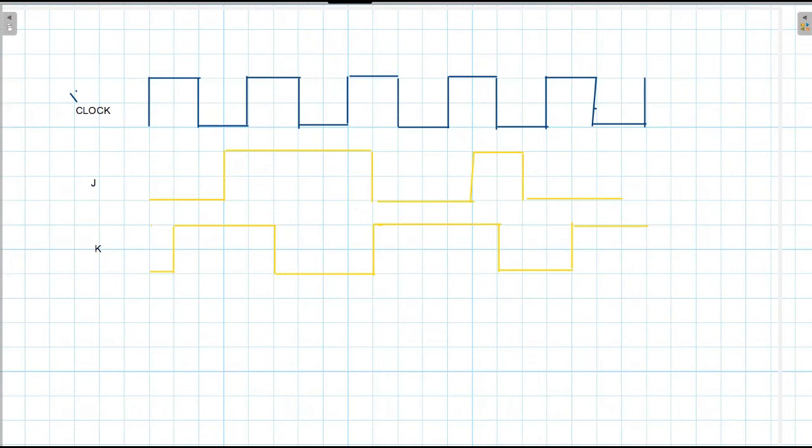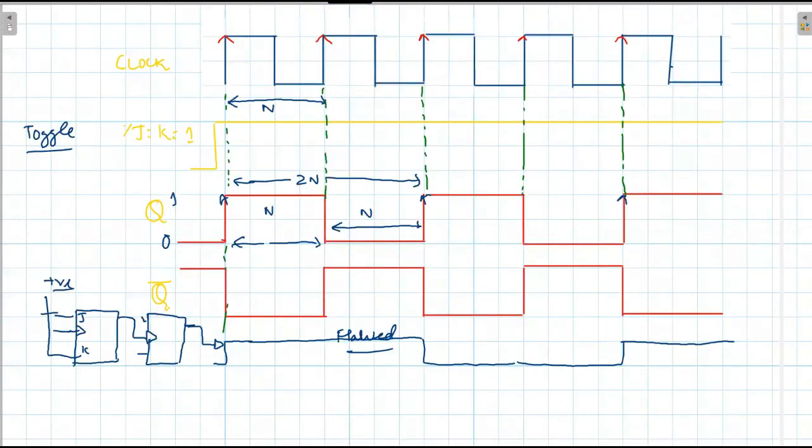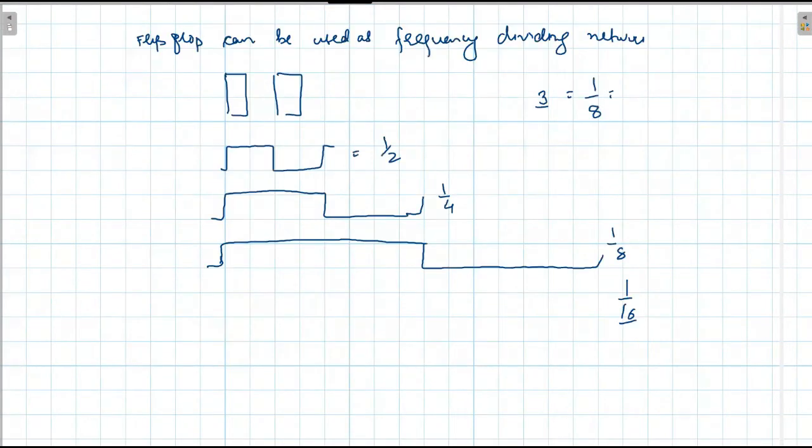Now coming towards another aspect that is very important as far as your system is concerned: the difference between two kinds of counters. The two types of counters are the synchronous counter and the asynchronous counter.